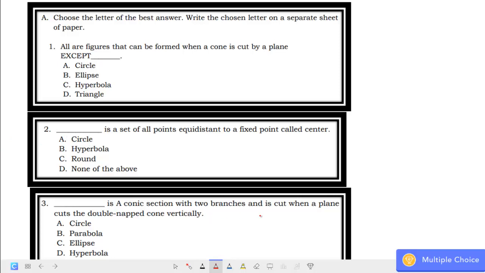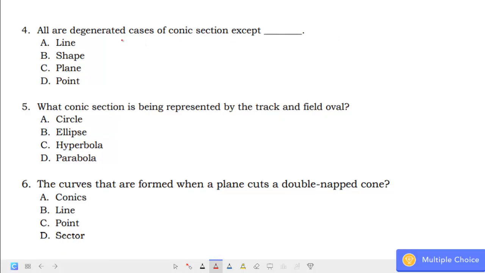It is a conic section with two branches and is formed when a plane cuts a double nape cone vertically. So pag nakatas siya sa plane vertically, dalawang nape, so magkakaroon siya ng dalawang parabola, open upward and open downward, and that is a hyperbola. All are degenerate cases of conic section except, of course, degenerate cases ang lahat maliban sa plane at saka sa shape.